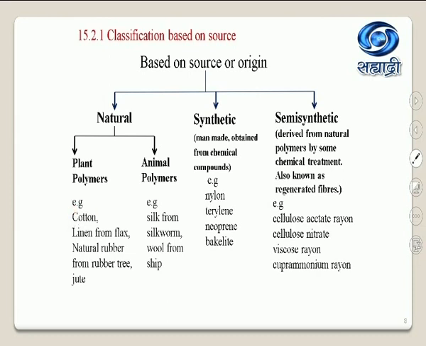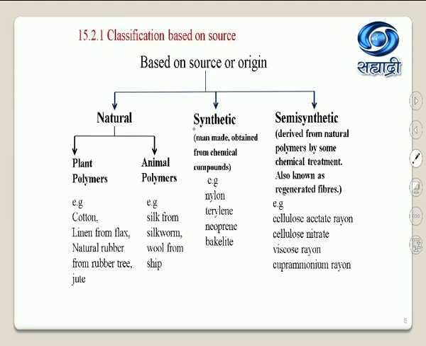Examples: cotton, linen which is obtained from flax, natural rubber which is obtained from the rubber tree, and jute is also the best example of plant polymer. Now animal polymers means these polymers are obtained from animals. The best examples are silk from silkworm and wool from sheep.